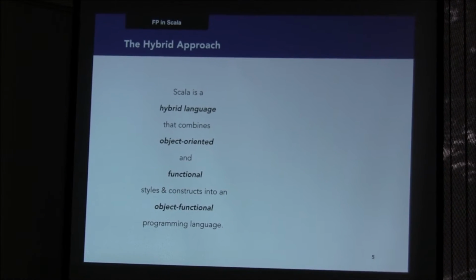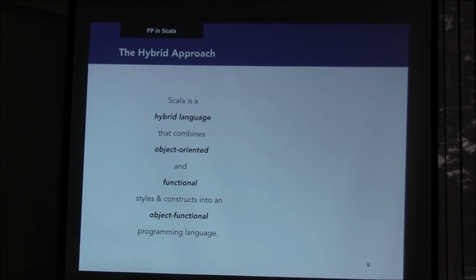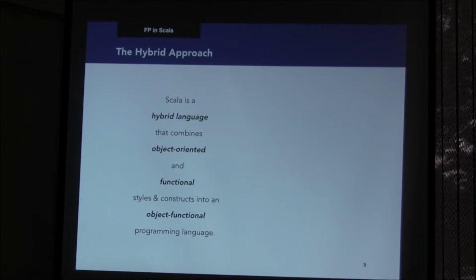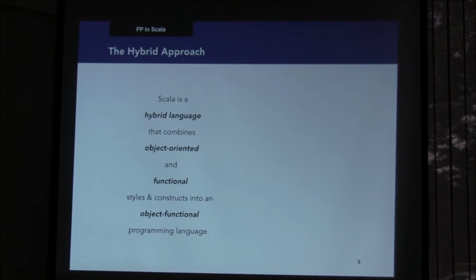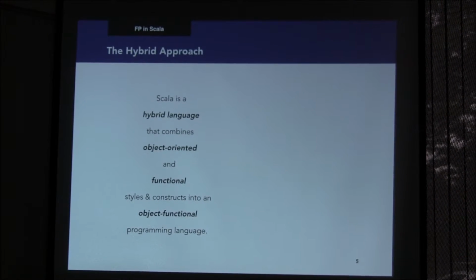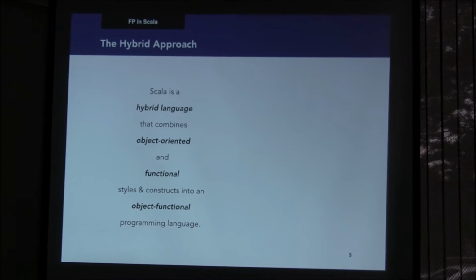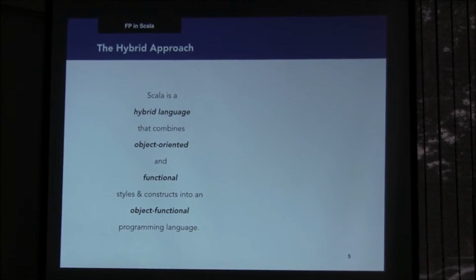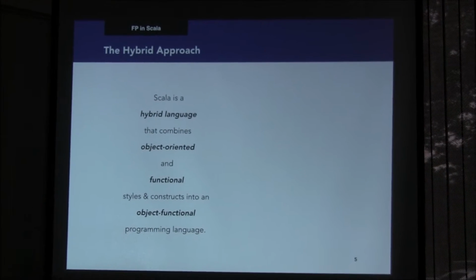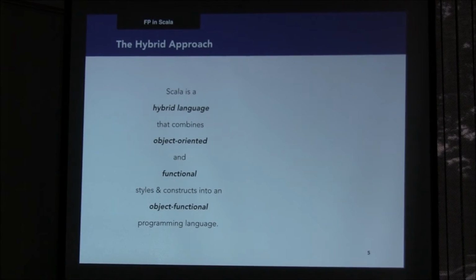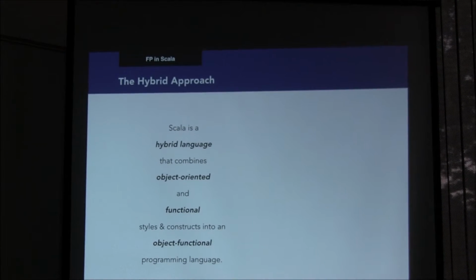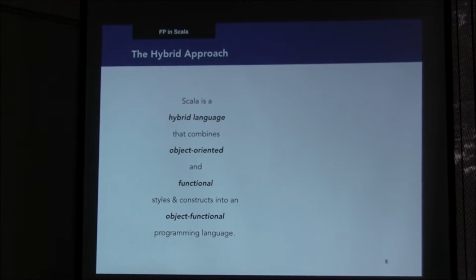So the main crux of the issue is that Scala is not a pure functional language. It makes some attempt to be, but it really sells itself as a hybrid language that attempts to marry the object-oriented paradigms and the functional paradigms into one cohesive construct, so that you can express your ideas using both approaches to programming.